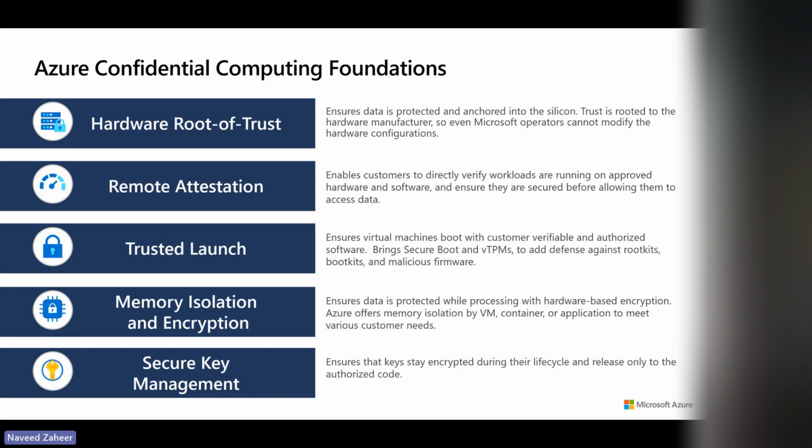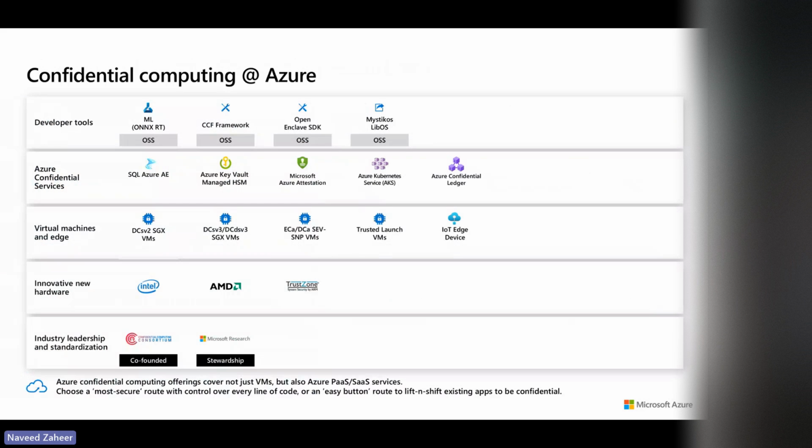And then there are other features like memory isolation and encryption to make sure that any sensitive data is properly isolated and all. So I mean these are some of the key offerings that Microsoft provides, and then you have these services.